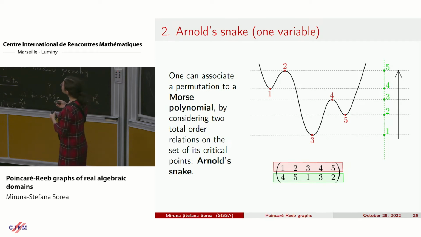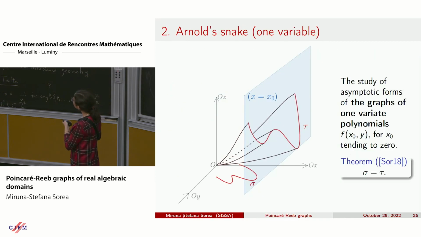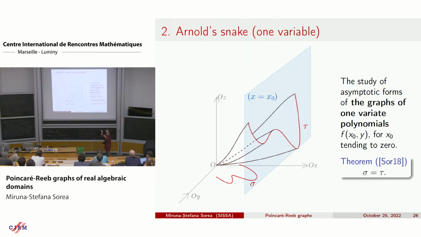Okay, so we are slowly approaching this univariate scenario that will help us make the construction. Because, okay, using Arnold snakes, we will be able to reduce the problem to the univariate case. So remember, we have here the snake in two variables in the horizontal plane of the level. Say it's sigma.